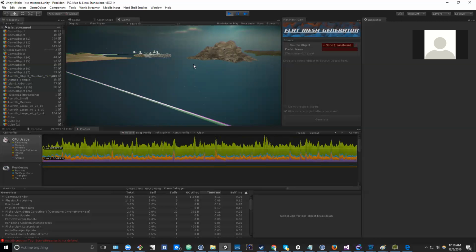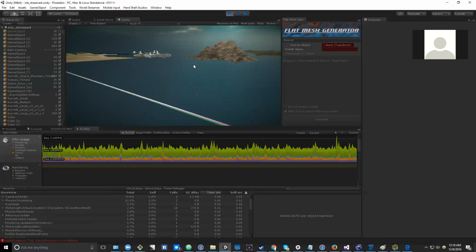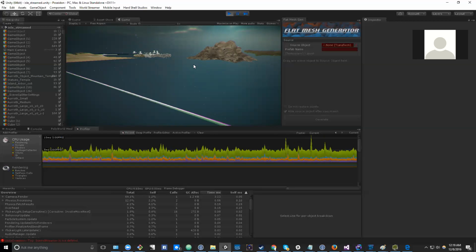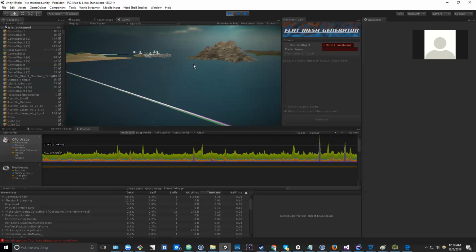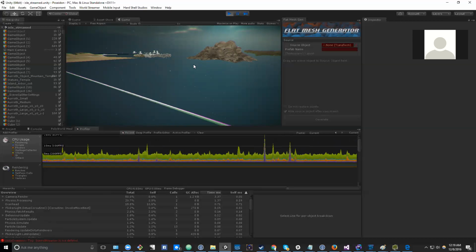Actually, we might not even need to render the first circumference, because we could just render where it is actually, and then just create a sphere that's 5,000 by 5,000 units, and it would be put in the right place.